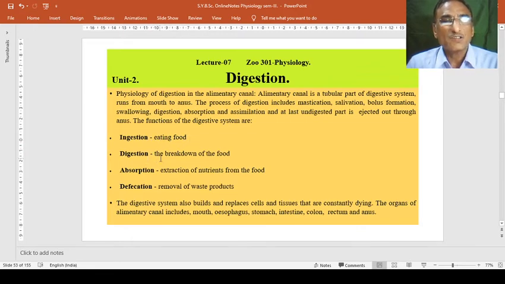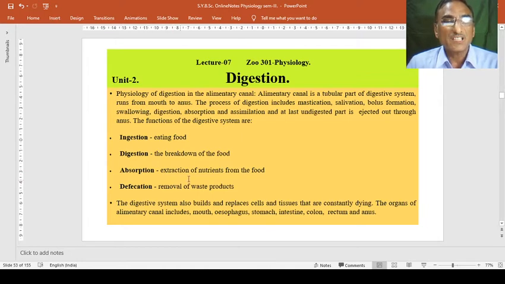Digestion, we have already seen, is the breakdown of food material, meaning the macromolecules are broken down into micromolecules. Then absorption means extraction of the nutrients from the food which is already digested, and the digested material is absorbed by the intestinal wall.